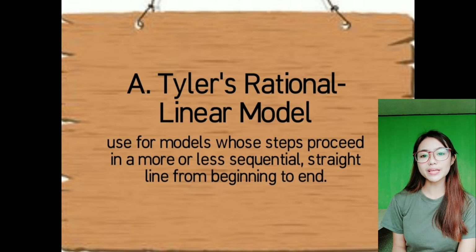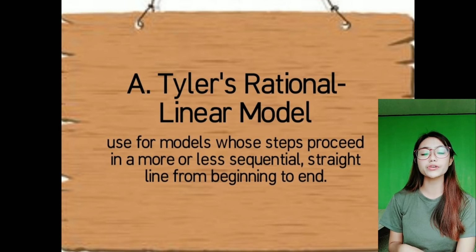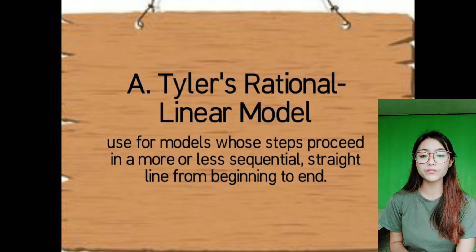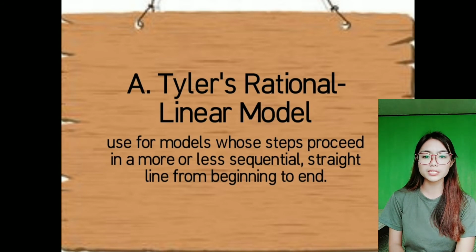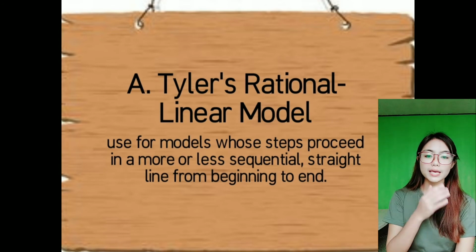Originally, Tyler wrote down his ideas in a book, Basic Principles of Curriculum and Instruction, for his students to give them an idea about the principles of making a curriculum. The brilliance of Tyler's model is that it was one of the first models, and it is a highly simple model consisting of 4 steps.